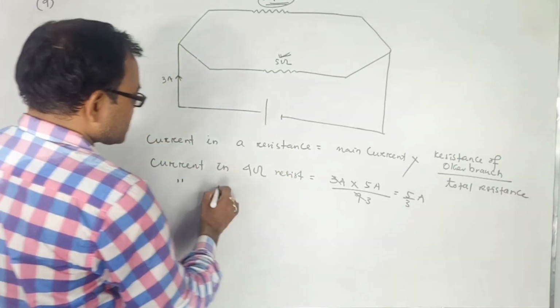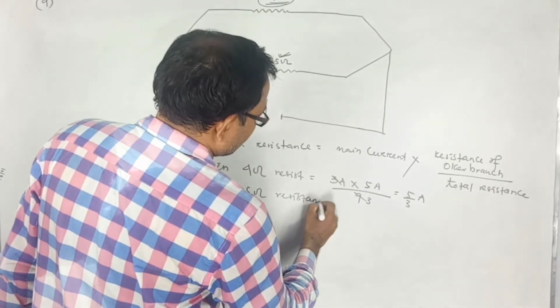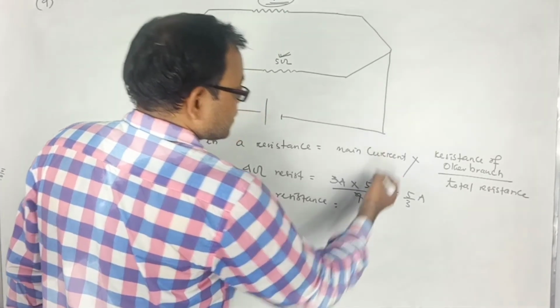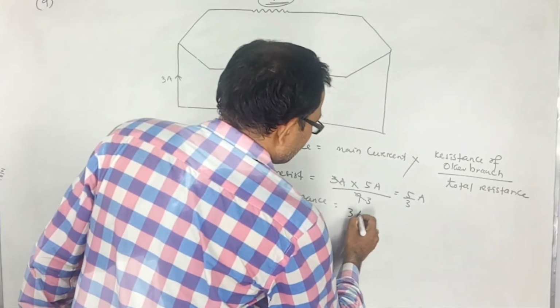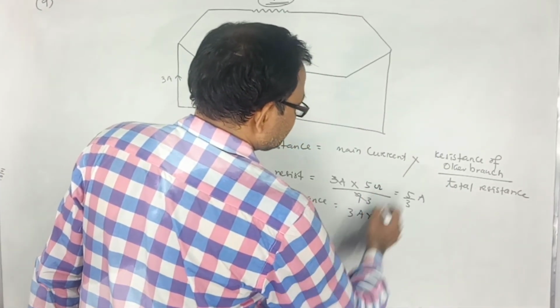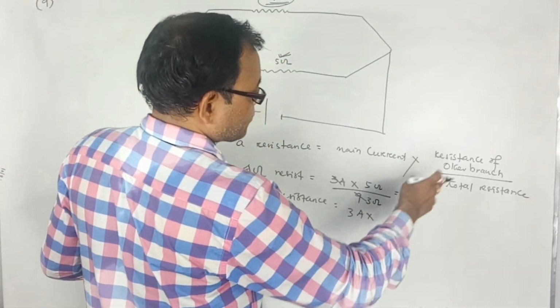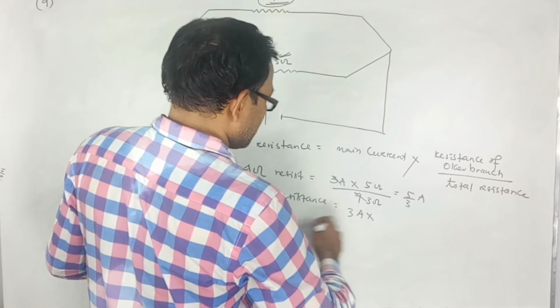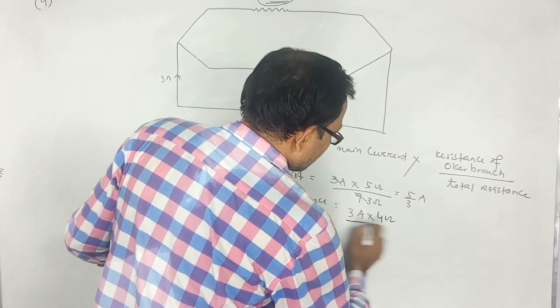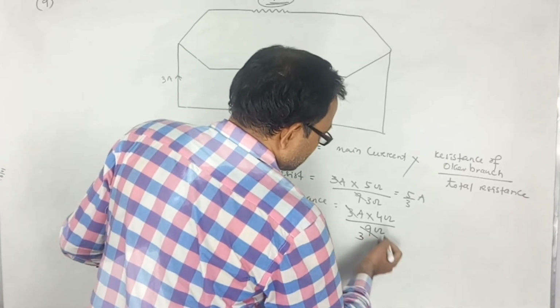Similarly, current in 5 ohm resistance would be, using this fundamental, we can write the main current is 3 ampere into resistance of other branch, taken to be 4 ohm, divided by 9 ohm. 3 and 9, it is 3.